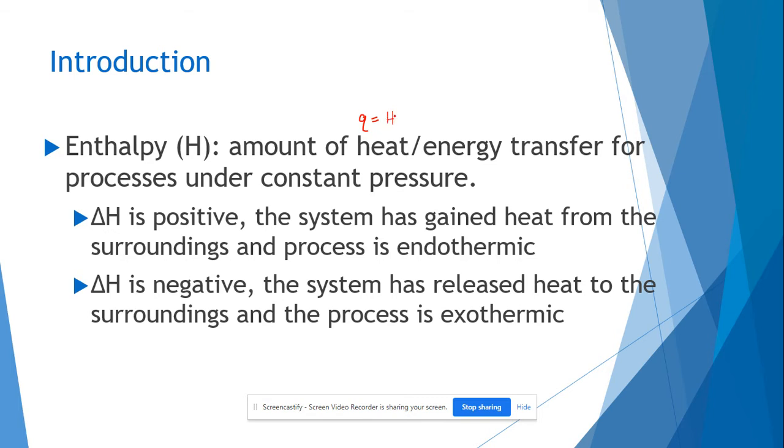So, similarly to what we see with Q, delta H, when it's positive, that means the system has either gained heat or energy from the surroundings, and so we call this endothermic. And again, when delta H is negative, that means it has released some kind of heat to the surroundings, and that's exothermic.